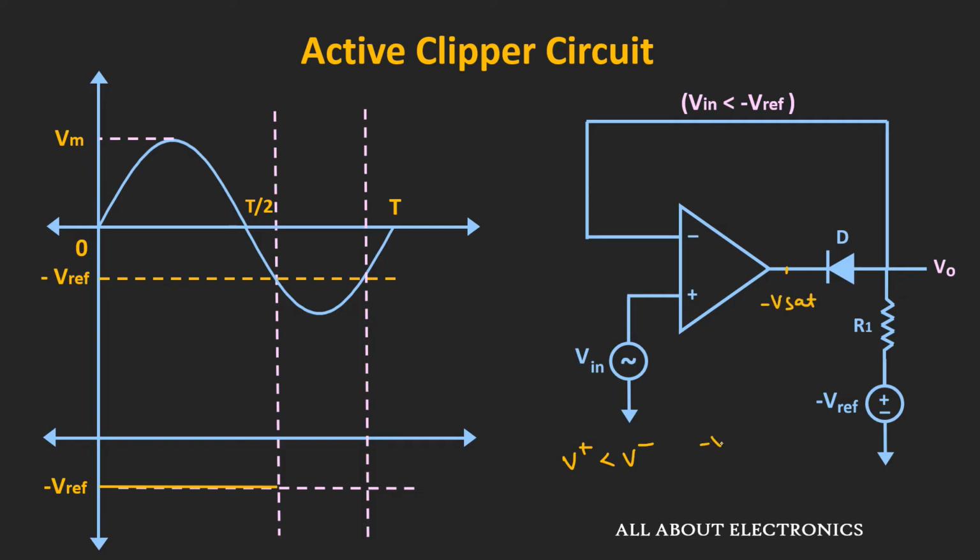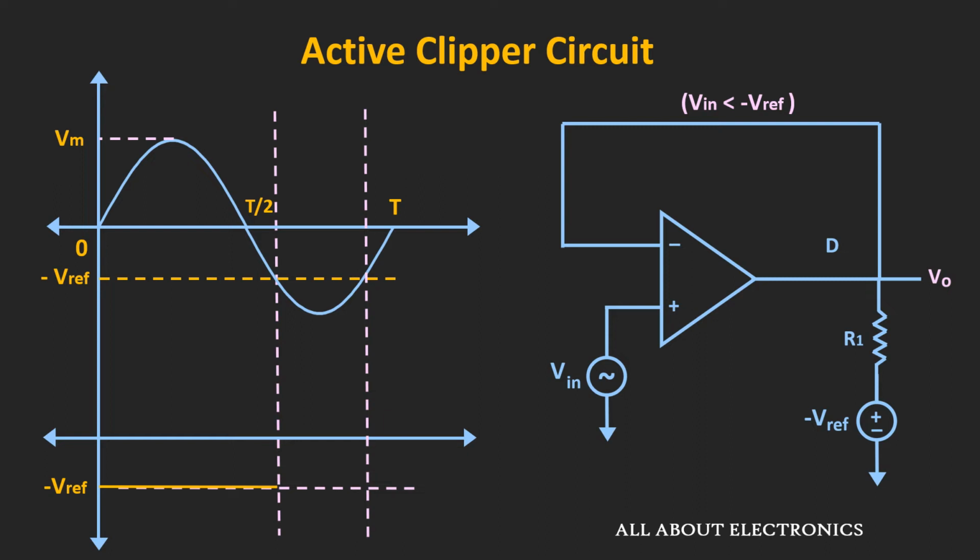And as the minus V sat is less than minus V reference, so we can say that during this period the diode starts conducting. And due to the closed loop configuration, we can replace this diode by the short circuit. So during this period of the signal, the output voltage Vout will follow the input waveform. And if we see the waveform, then it will look like this.